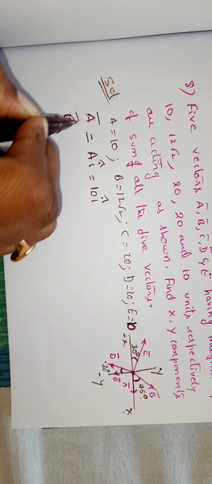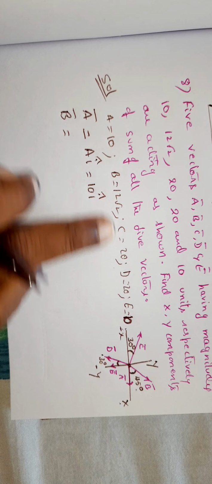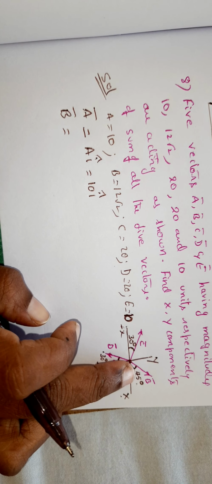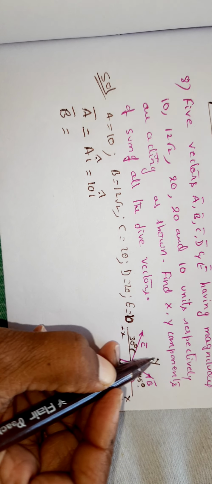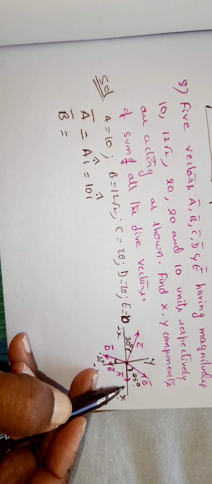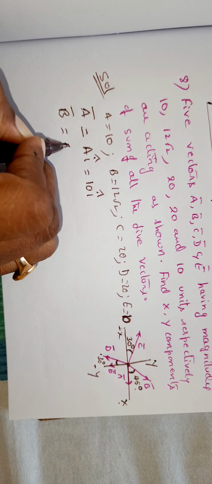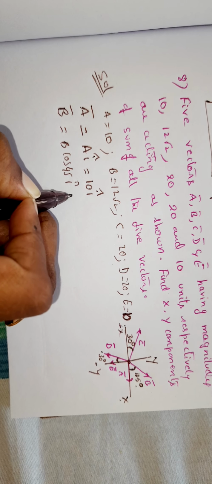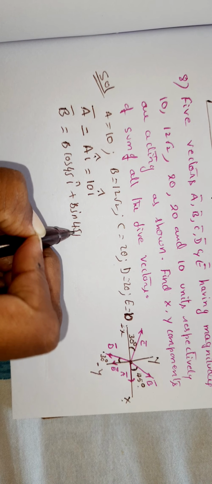Now I'll write B bar, the second vector. It is 12 root 2 here. Now making an angle 45 with this. So you have x component as well as perpendicular to that y component, where this is b cos 45. Right? So b cos 45 I cap plus b sin 45 j cap.